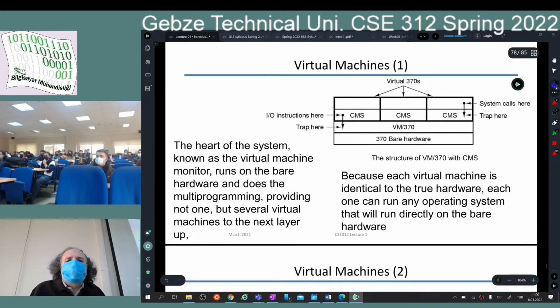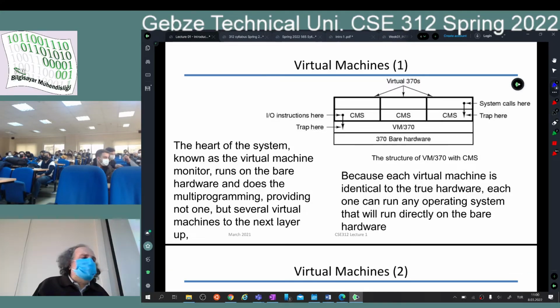So they put this VM370 software layer on top of the hardware. The task of this VM370 is to show many different hardwares to the upper levels. This operating system here thinks that it owns an IBM 370 hardware, and this one too.